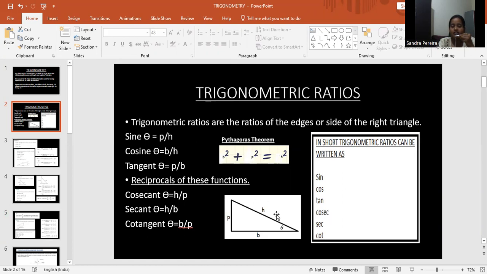We can also say the square of the hypotenuse is equal to the sum of the squares of perpendicular and base. This is the formula we have to remember. Then we can solve this exercise easily. So you should remember these things, and you can solve it easily.